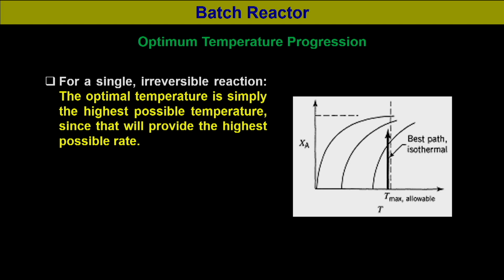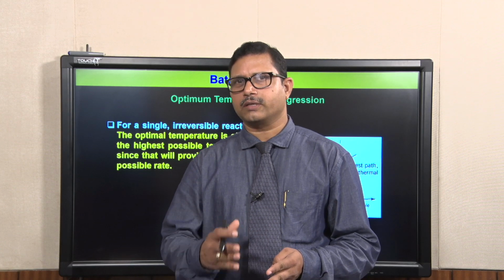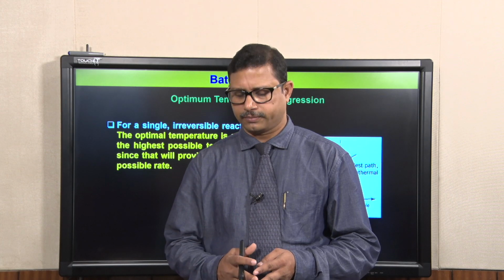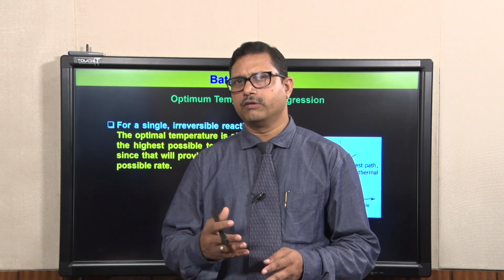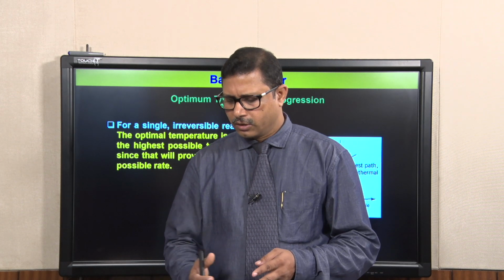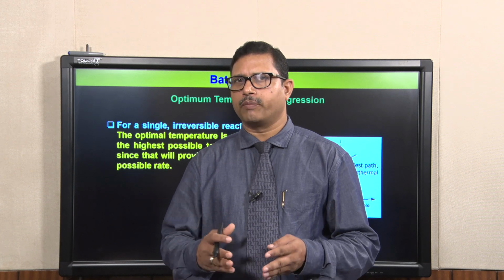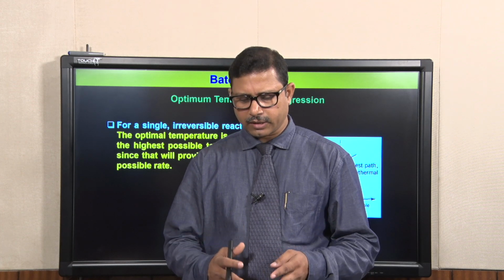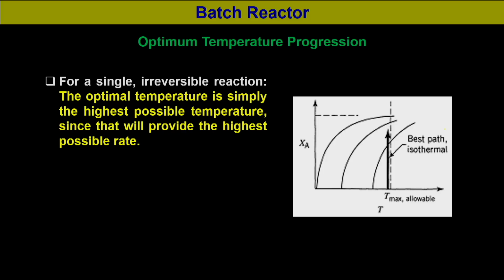So, for a single reaction, either exothermic or endothermic, as we increase the temperature, the reaction rate will increase and also the conversion will increase because it is irreversible. So, the maximum allowable temperature would be the optimum temperature in the case of a single irreversible reaction.